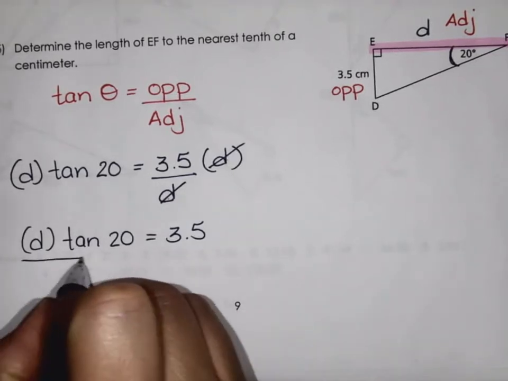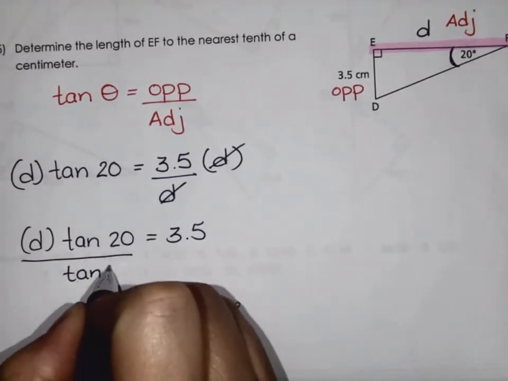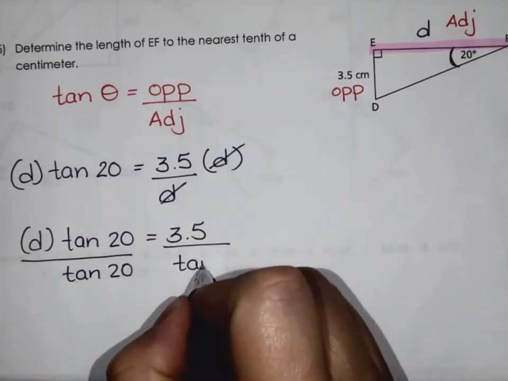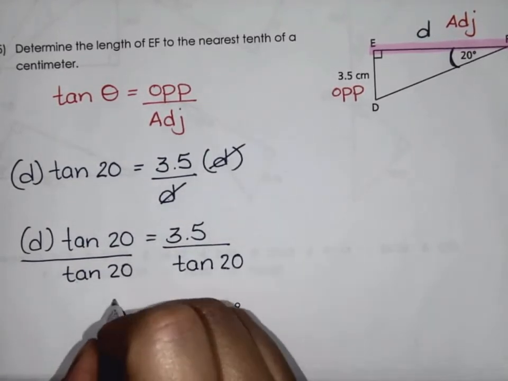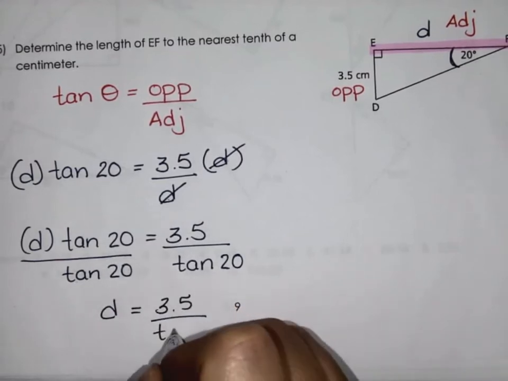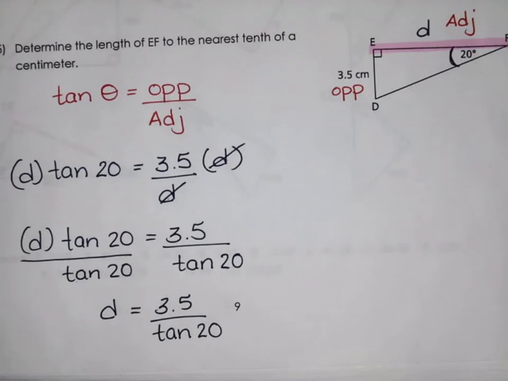Divide. So we're going to divide this side by tan 20. And if I do it to the left-hand side, I have to do it to the right-hand side. So D is equal to 3.5 divided by tan of 20. So if the variable's on the bottom, I'm going to have to divide my numbers. If the variable's on the top, I multiply them.